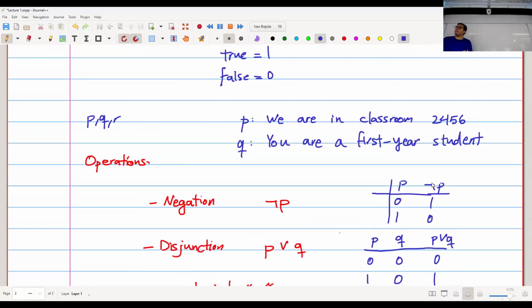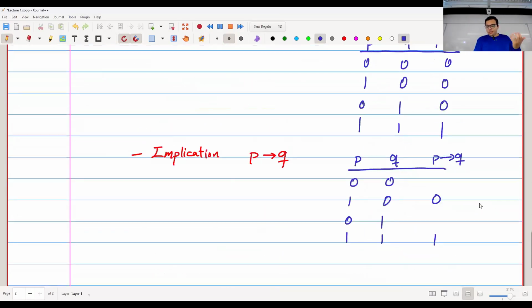So the conditions of my promise are not satisfied at all. So my promise is kept by default. I'm just promising that if this happens, then that other thing should also happen. But the condition was not happening in the first place. So in both of these cases, P implies Q is going to be true.